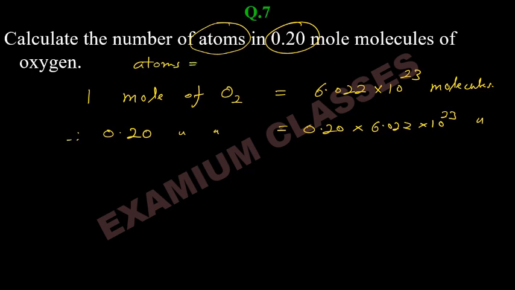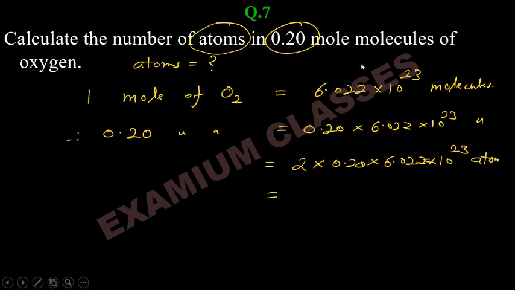I am already getting correct answers. Very good. So number of atoms: one molecule has 2 atoms. It means number of atoms will be twice of this. Sir, even I got this only, 12.044. Yes, sir. 12.044, the number of atoms, the final answer.